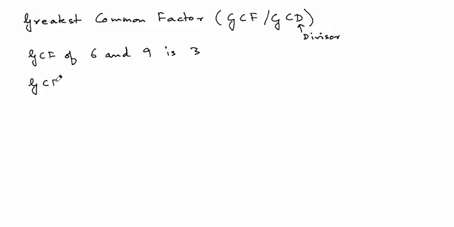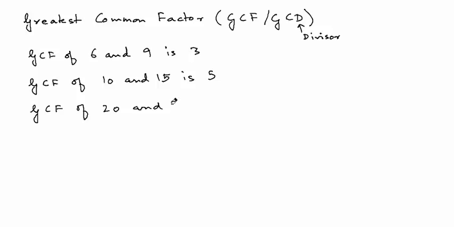Similarly, the GCF of 10 and 15 is 5 because 5 is the largest number that's a factor of both 10 and 15. And the GCF, let's say, of 20 and 50 is 10 because 10 is the largest factor that's common to 20 and 50 both.